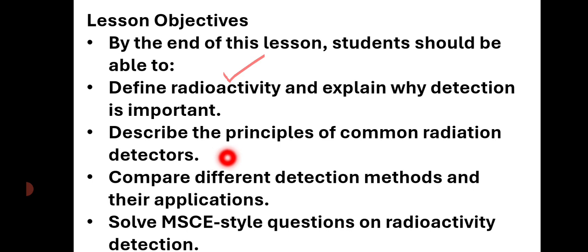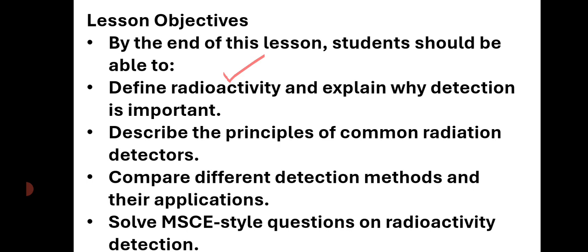So for each method of detection, there is an underlying principle. And your examiners would love you to be able to explain the principle behind each radiation detection method. And then you should be able to compare different detection methods and their applications.